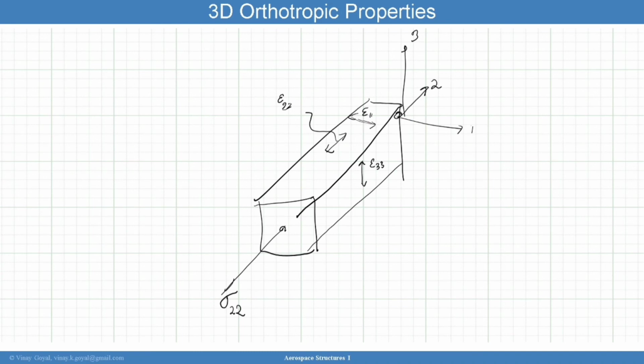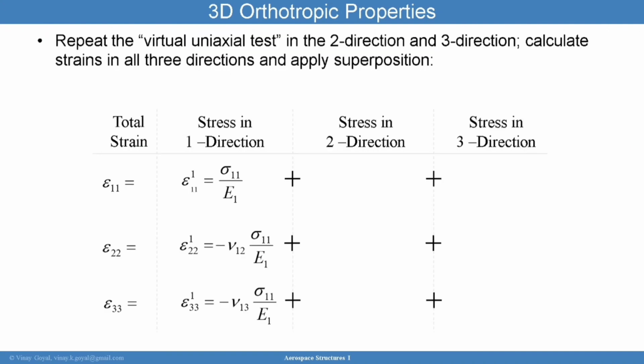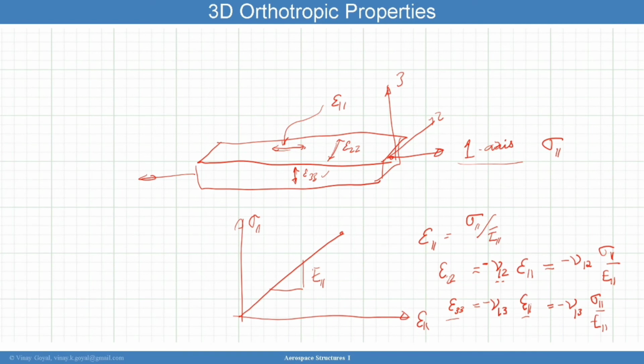But the primary load sigma 2 should cause a strain epsilon 2, and that strain is going to be sigma 2 divided by E22, where E22 is the modulus in the two direction. And again, that modulus can be different from the modulus E11 when the loading is applied in the one direction.